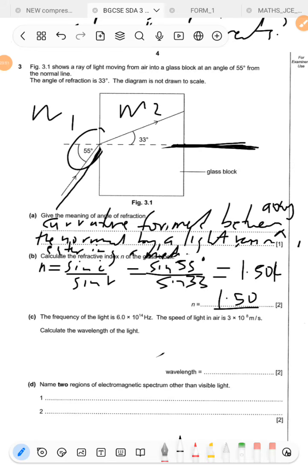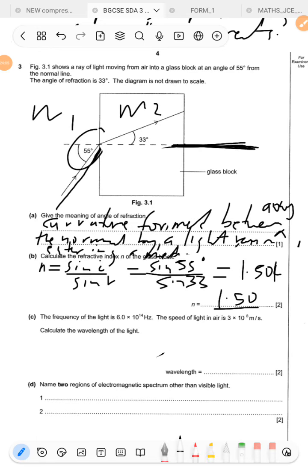Part C says the frequency of the light is 6.0 times 10 to the power 14 hertz. The speed of light in air is 3 times 10 to the power 8 meters per second. Calculate the wavelength of the light.